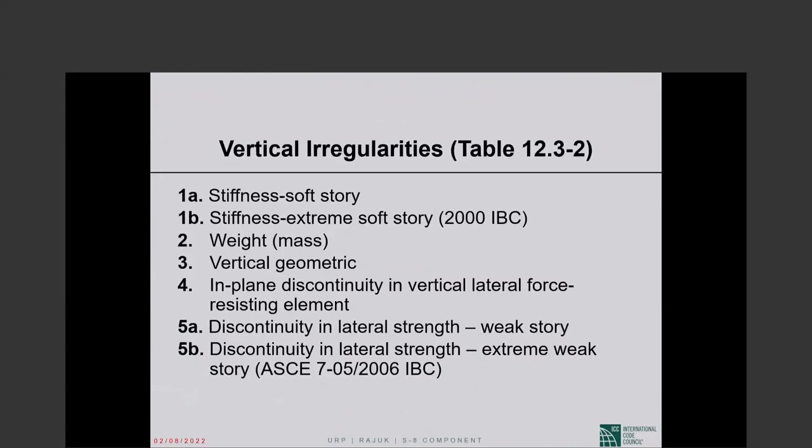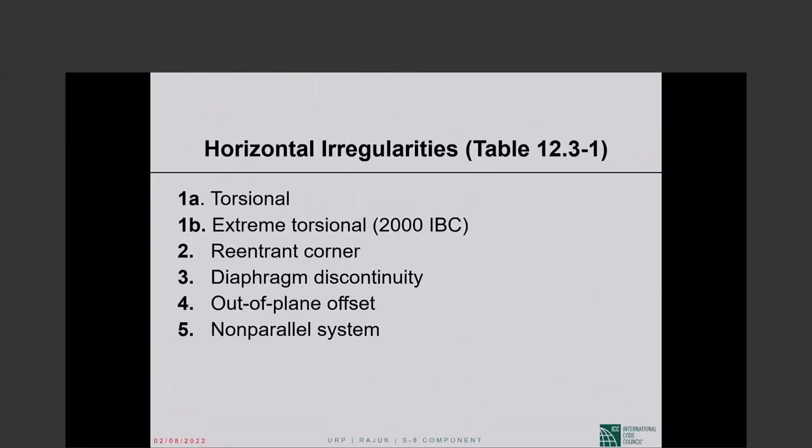The way ASCE 7 handles it, we have definitions, and then there is a table that tells you if you have, let us say, torsional irregularity, then which particular sections of ASCE 7 get triggered.